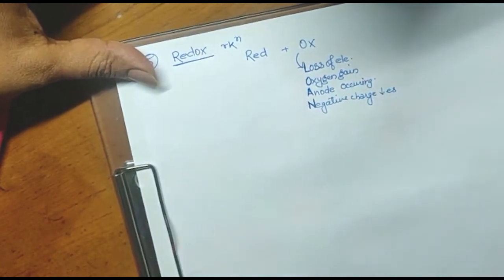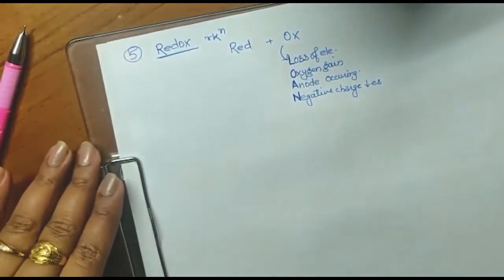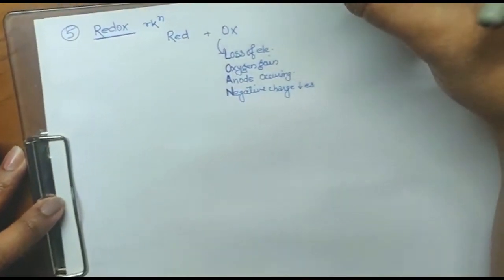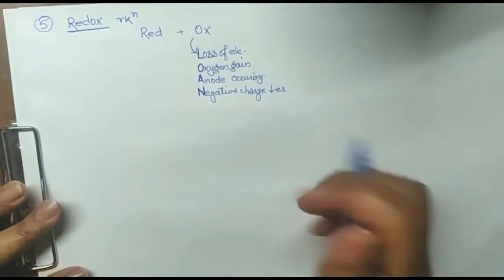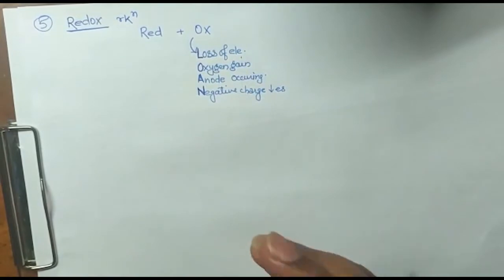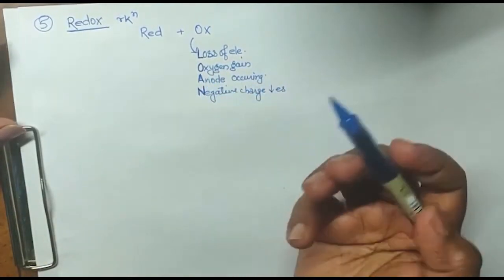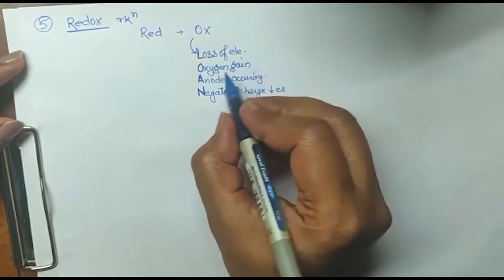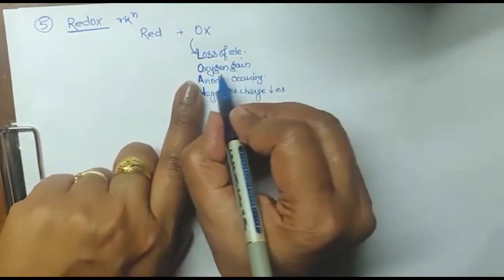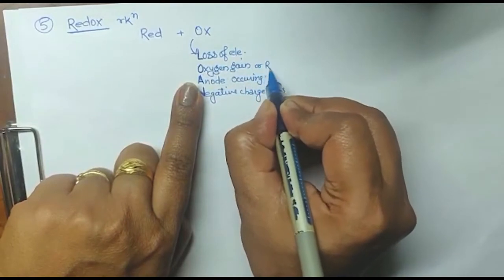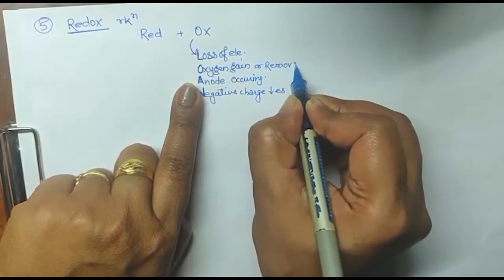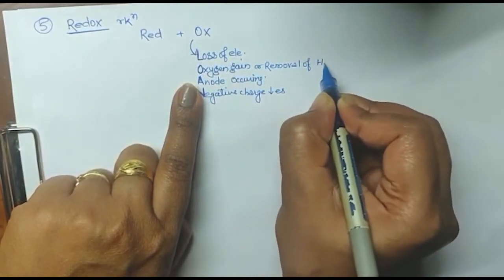So this is the main way to define oxidation. Loss of electron, that means such a reaction where the electron loss is there. And second is oxygen gain, which you can also write as oxygen gain or removal of hydrogen.